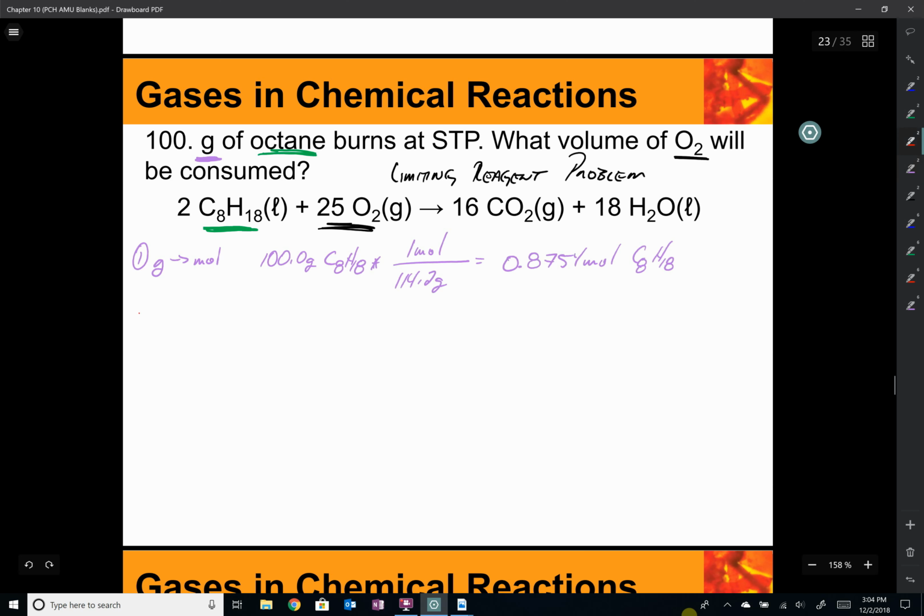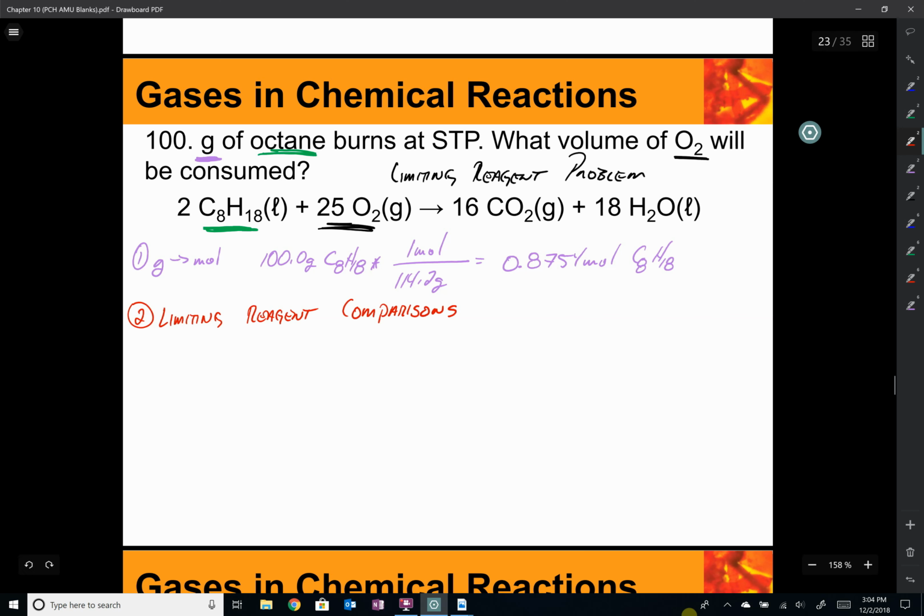Now we need to do limiting reagent comparisons. We need to figure out how much O2 is going to take to react with that many moles of C8H18.